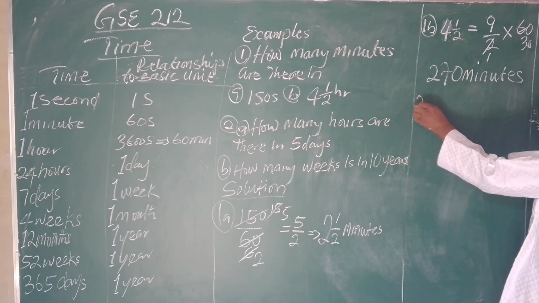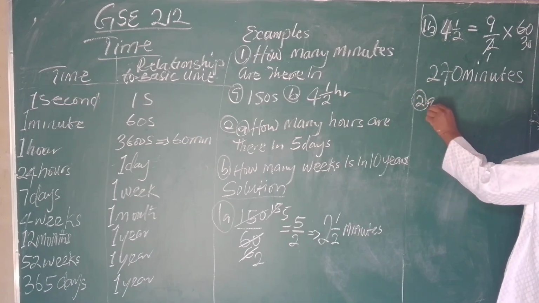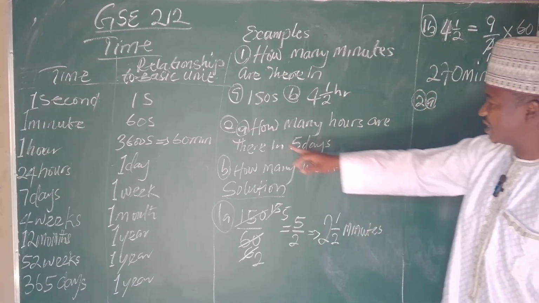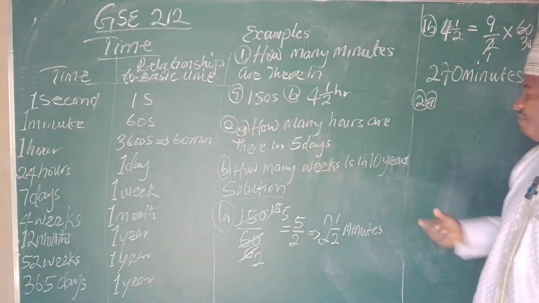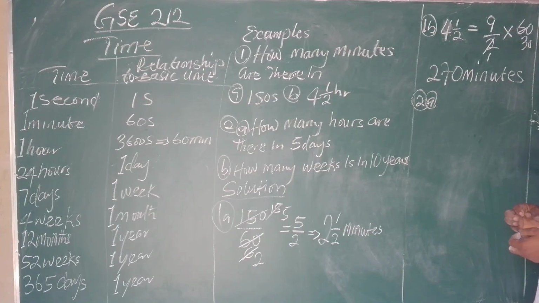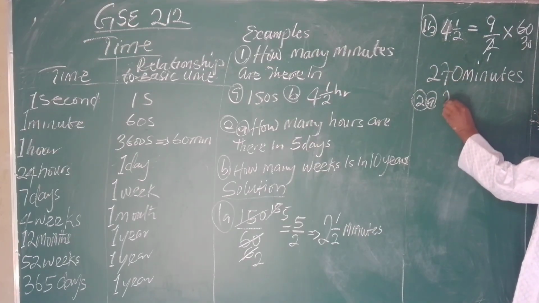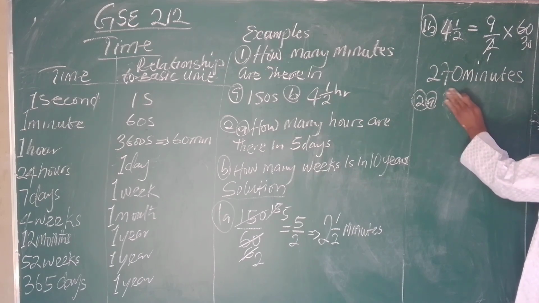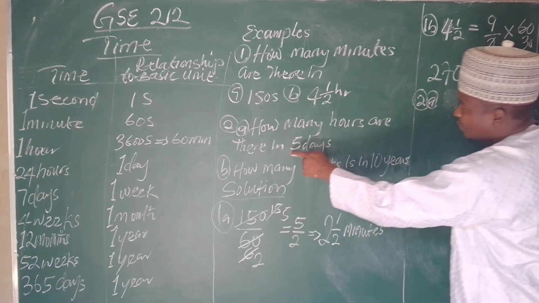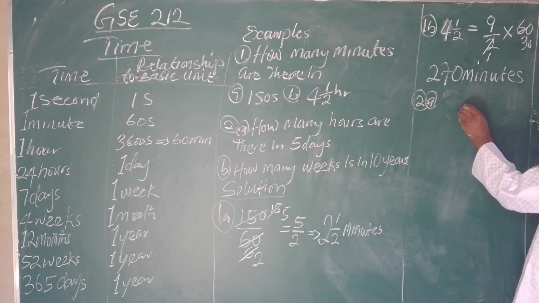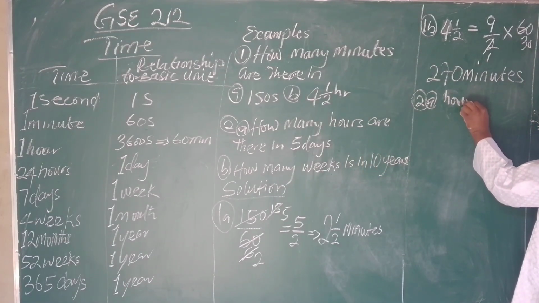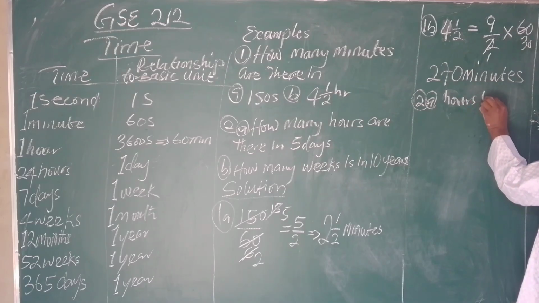Then we go to 2A. 2A says how many hours are there in 5 days. We said each 1 day is 24 hours. The solution of 2A, hours in 5 days.